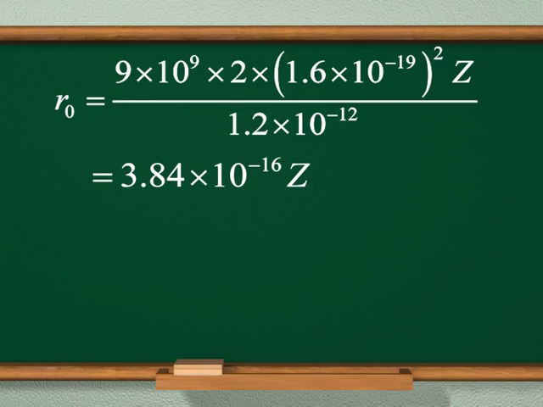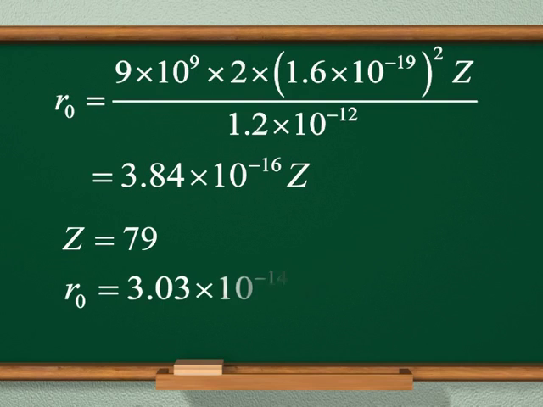3.84 into 10 to the power minus 16 into Z, where Z is the atomic number of gold, that is 79. Hence, the value of r0 becomes 3.03 into 10 to the power minus 14 meter or 30.3 Fermi.